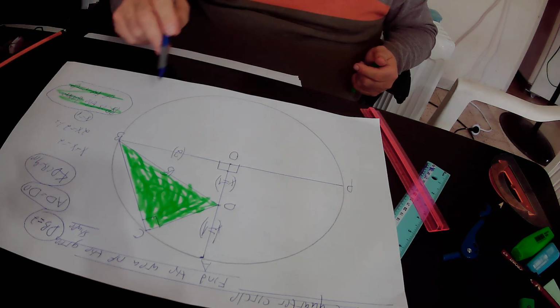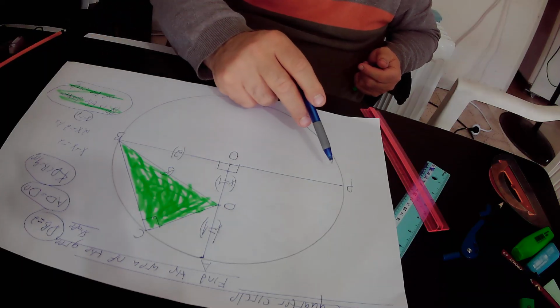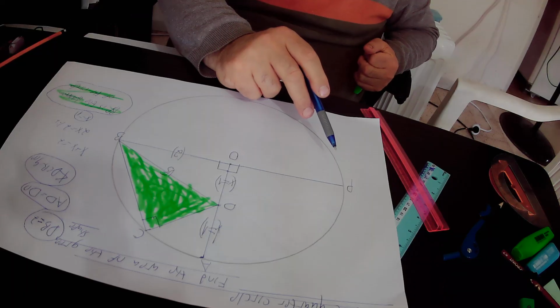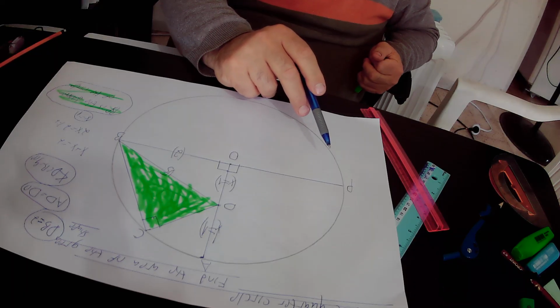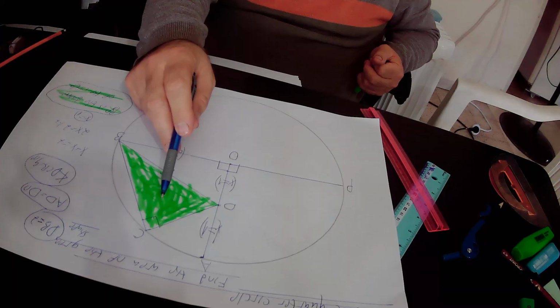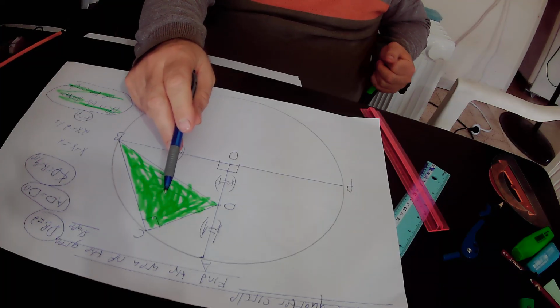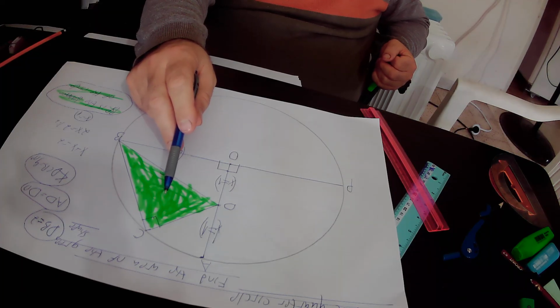So B, C, whatever, is a peripheral angle, but this is a peripheral angle that is equal to 90 degrees in its size. And we know that any peripheral angle that is equal to 90 degrees in its size must be subtended on the diameter of the circle.